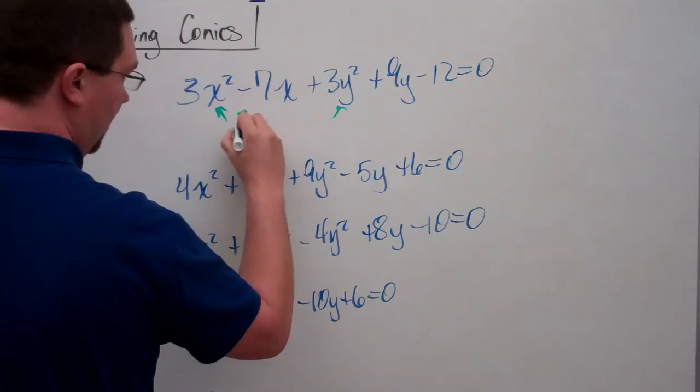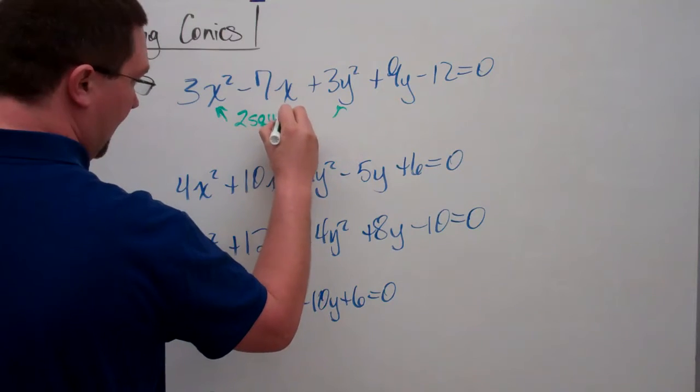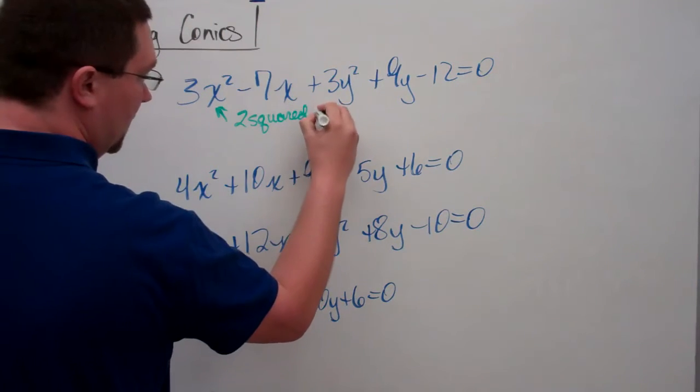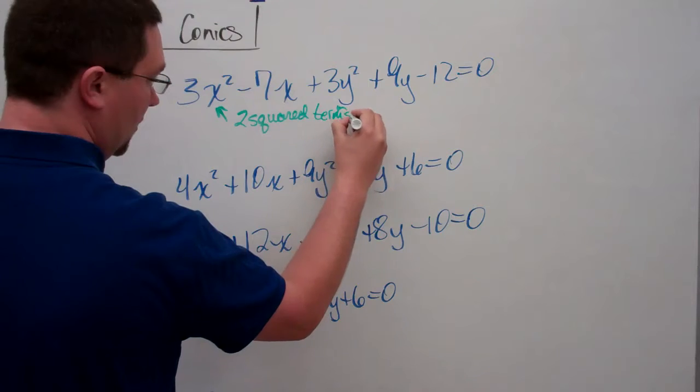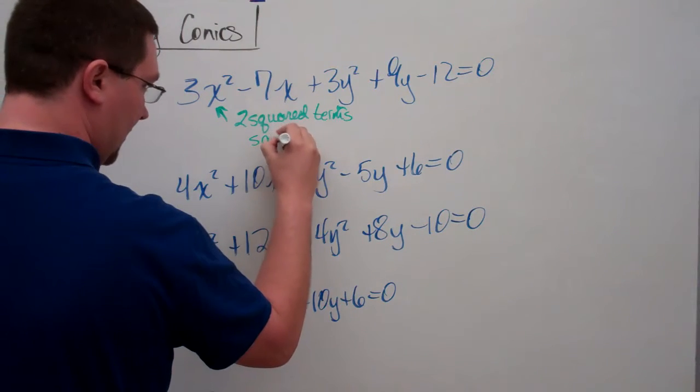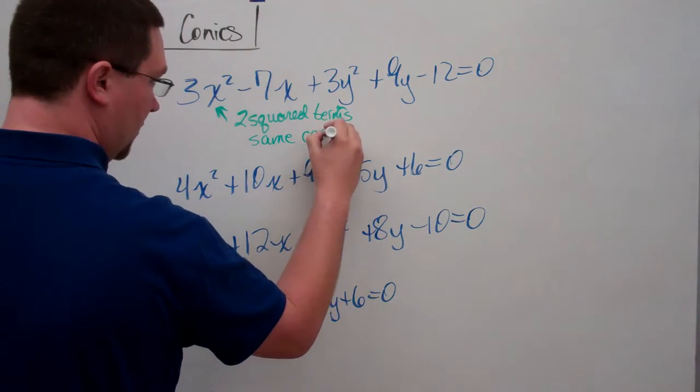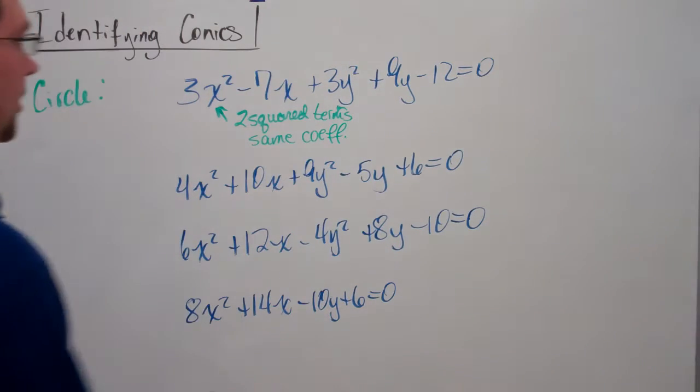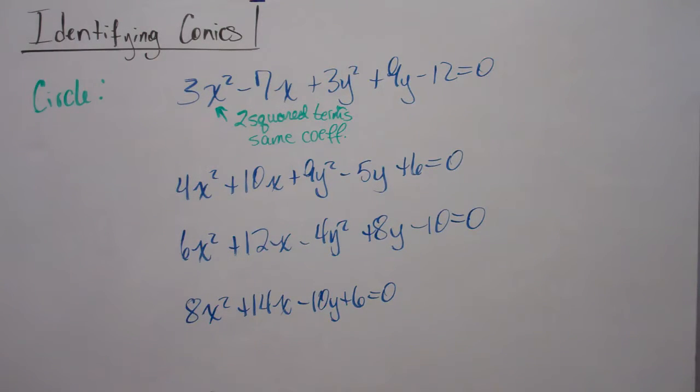You have x squared and y squared, and they both have the same coefficient of 3. So two squared terms, same coefficient, you know it's going to be a circle.